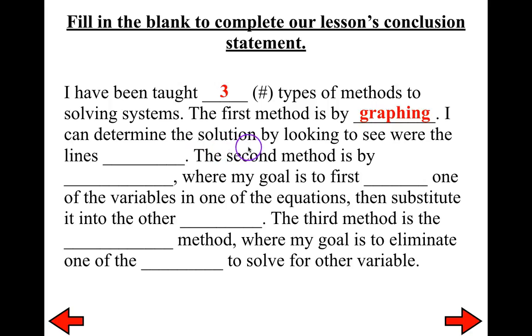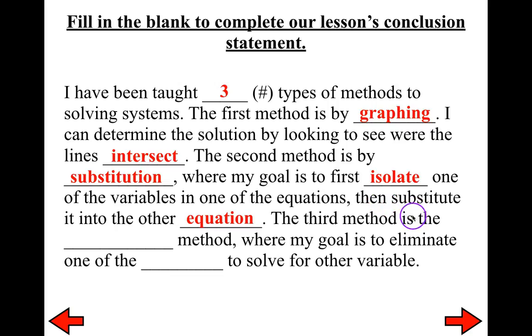The first method is by, which I just mentioned, graphing. I can determine the solution by looking to see where the lines, what do you think? Hopefully you said intersect or touch, something along those lines. The second method is by substitution, where my goal is to first isolate, which means just to get the variable by itself. Isolate one of the variables in one of the equations and substitute it into the other equation.